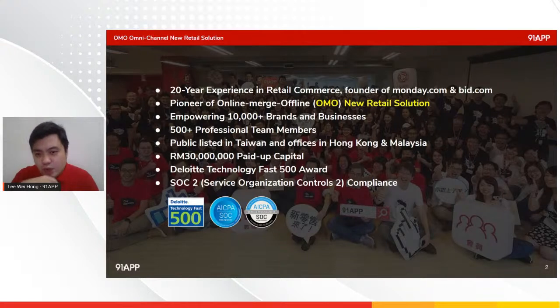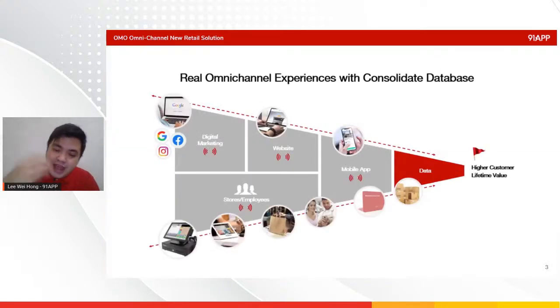And this is what 91 App has been doing for the last 5 years. That's a little bit of our background. In fact, new retail is built on the base of this CRM. The web and apps are only vehicles, only tools to interact with your clients. What's important is the algorithm behind the software application, the methodology, and the data that you're collecting.